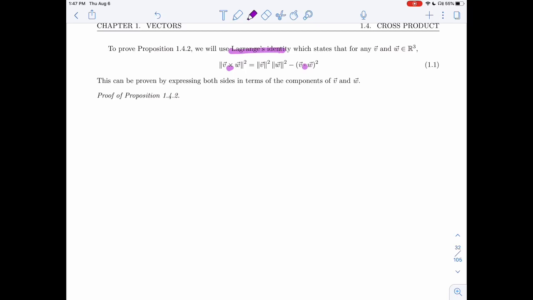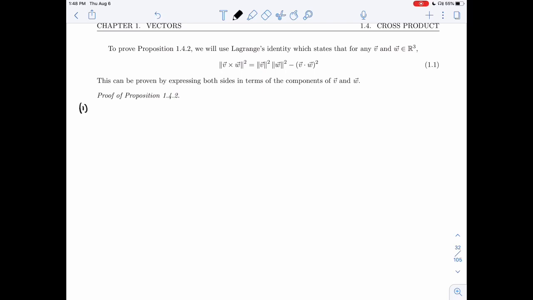This Lagrange identity can be proven by just expressing the two sides of the equality using the components of v and the components of w. So we'll skip it just because it doesn't enlighten in any ways, but we'll start with it and we'll prove the other two. And I think those parts are more interesting.